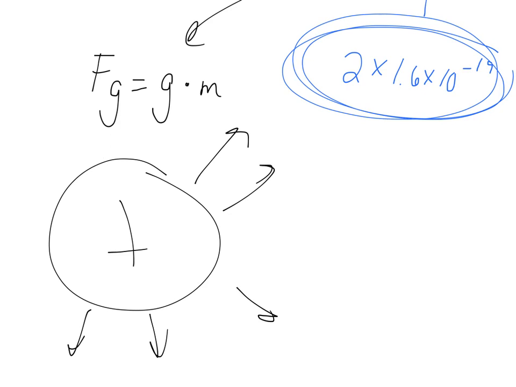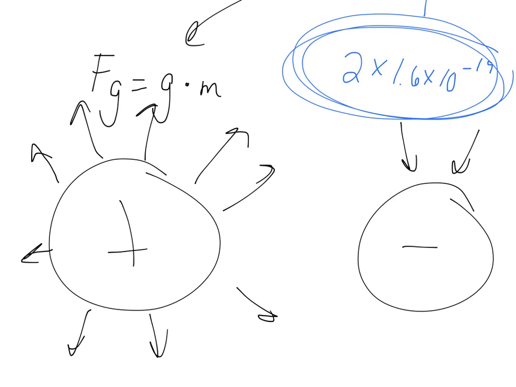Good. Remember, if you want to know what the field would look like, imagine you had a proton in space. That's always the way to test it. If there was a proton in space with a positive source, the proton would want to move away from the source. So that's why we're drawing arrows away from the source. So always think about a proton in space. That's your test charge. A negative source would attract the proton. So when we draw a negative source, we traditionally draw arrows coming toward it.